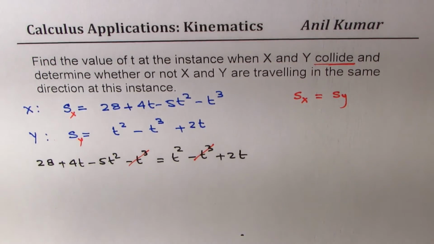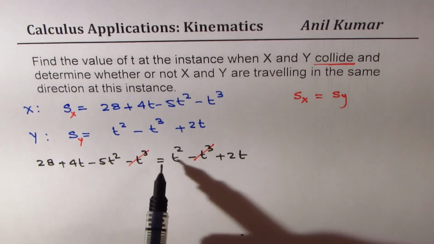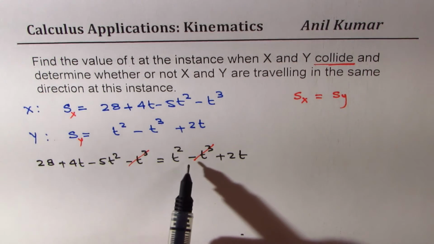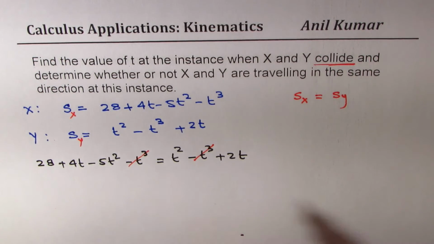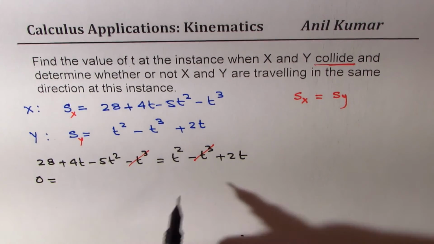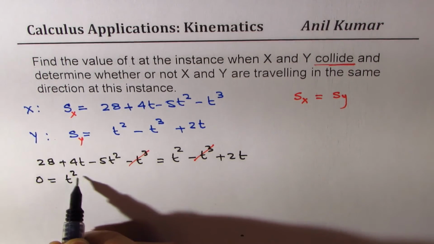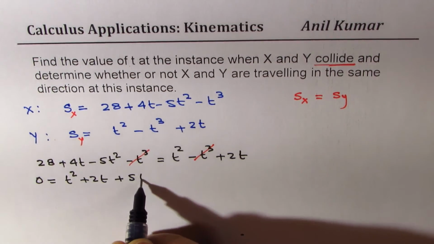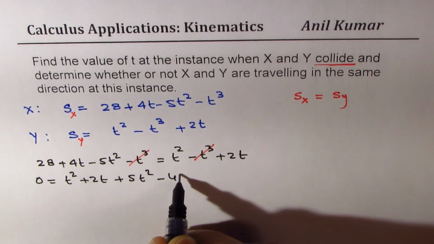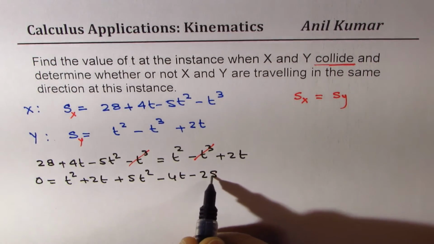That is very good. Now it's simpler to solve. So we'll bring the terms together and then solve them. Since this is negative here, we'll bring it to the right side. So we get 0 equals t square plus 2t, and now we get 5t square here minus 4t and minus 28.